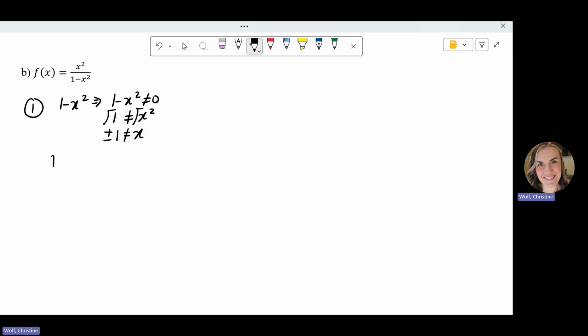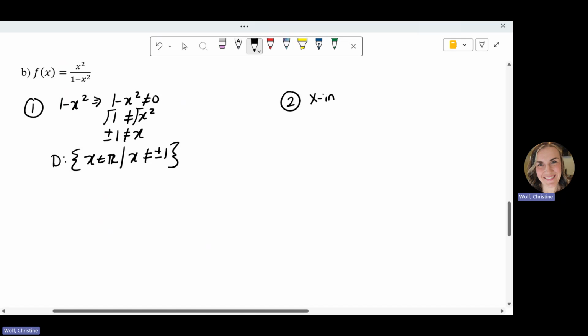So when I list my domain, I say that x can be whatever it wants as long as it is not equal to plus or minus 1. Those are the only conditions. And we know by now, we've graphed enough rational expressions that those are going to be our vertical asymptotes. Wherever your denominator is 0 are your asymptotes. Okay. Step number 2, my x and y intercept.